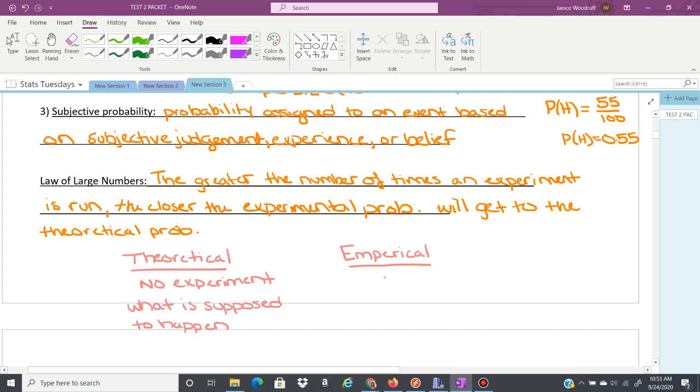Okay, and then in empirical, you have an experiment is run. And then this is what actually happens. The more experiments you run, the closer the numbers will be to each other. The sample size should be at least 30 when you're running an experiment.